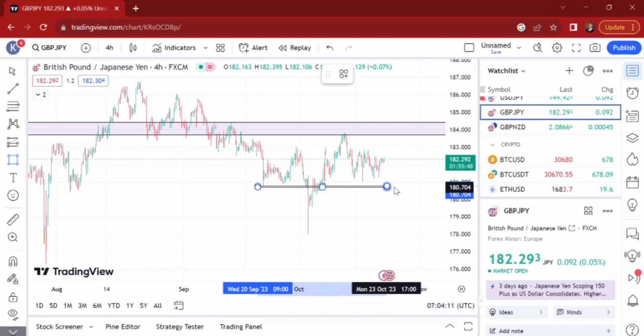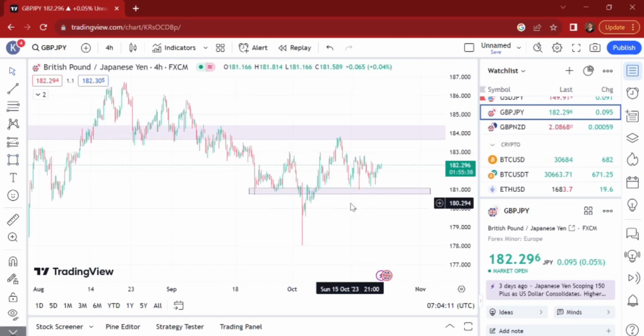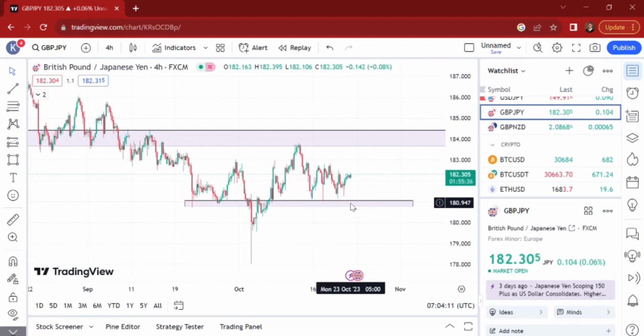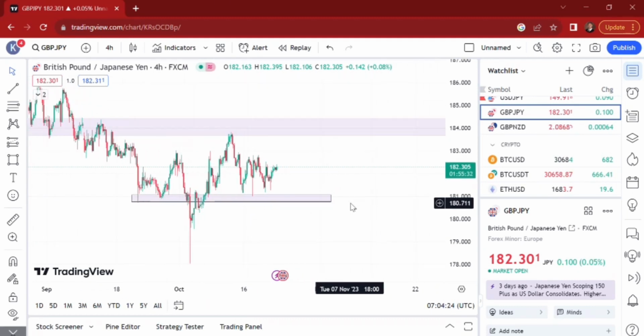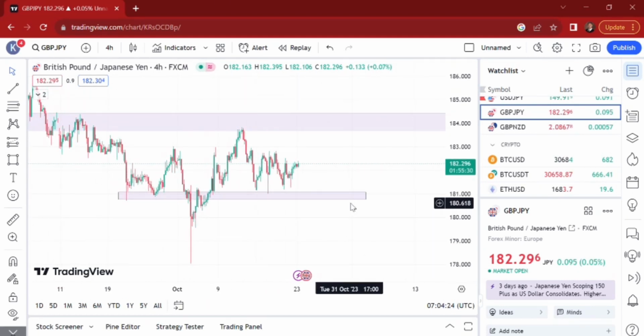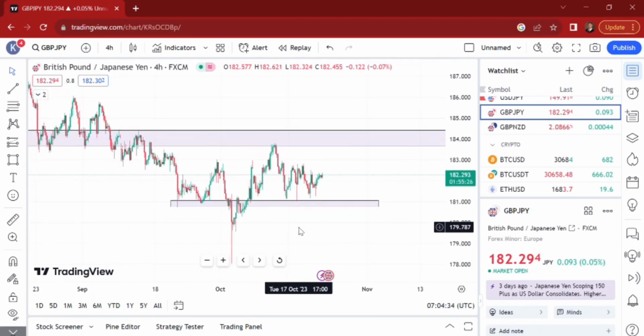So let's just try it out slightly. Make sure it's touching those zones. Boom. Good. I think we're done.